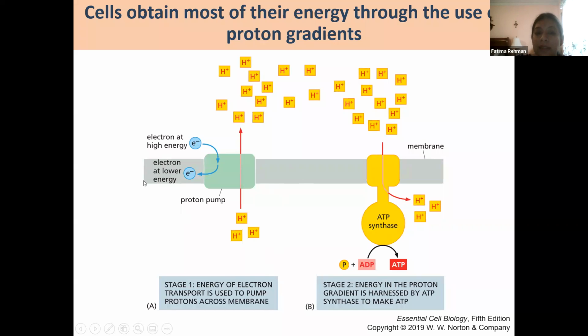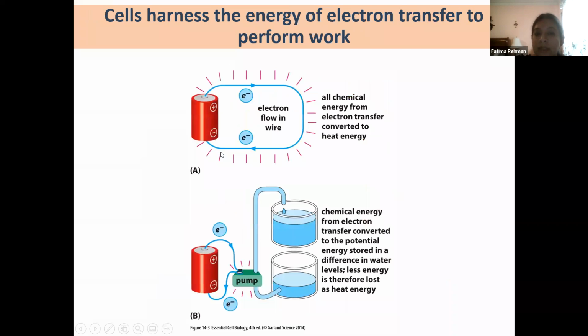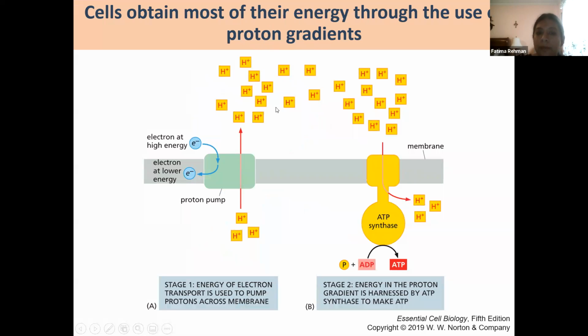So in the first stage of the electron transport chain, you actually have these protons inside the mitochondria, and they are pumped across that membrane into the intermembrane space as you take the NADH and FADH2 molecules and transfer those electrons from them.